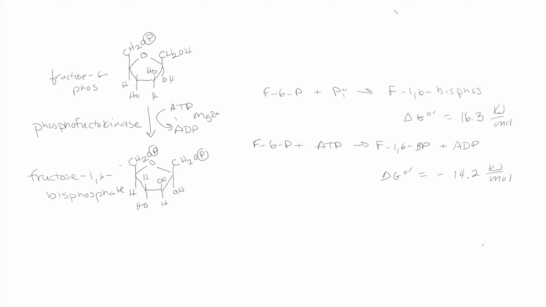And in erythrocytes or under biological conditions, that's closer to about negative 18.8 kilojoules per mole, so even more favorable than under standard conditions. A lot of the same rationale applies here in terms of why we need these controls.